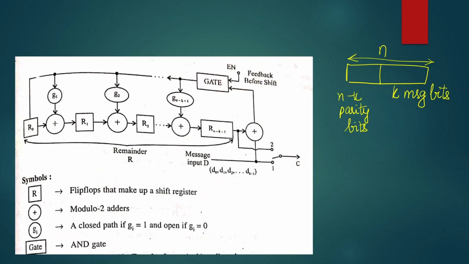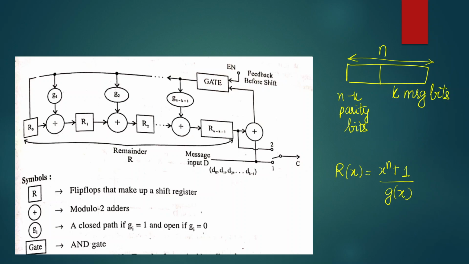We have seen in the properties of the cyclic code that codes are generated by finding the remainder obtained by dividing x raised to n minus k times d(x) by the generator polynomial.